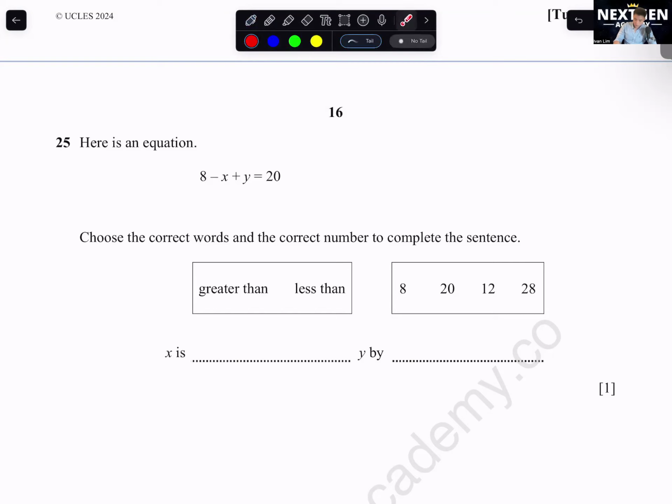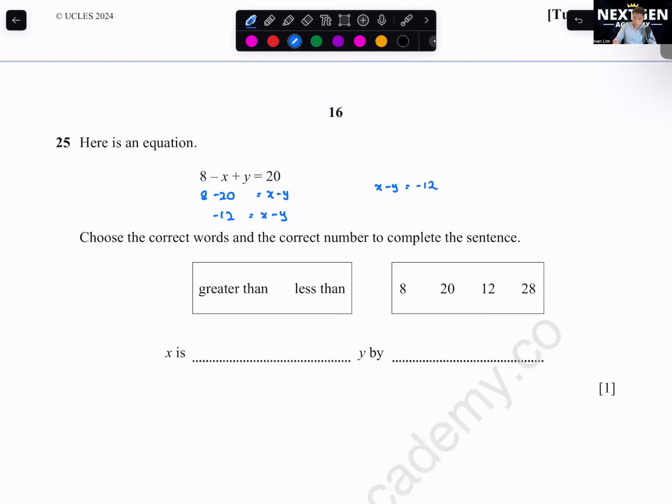Okay, the x and the y, you bring to the right hand side. So become like that. X minus y, then here 8 minus 20. Okay, which will get minus 12 equals to x minus y. Okay, or x minus y equals to minus 12.